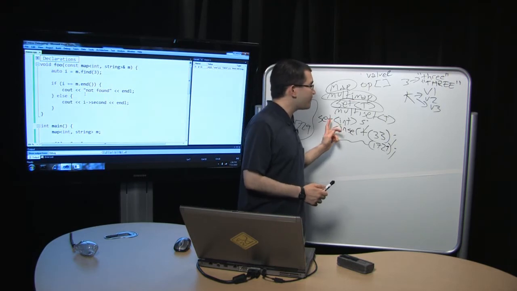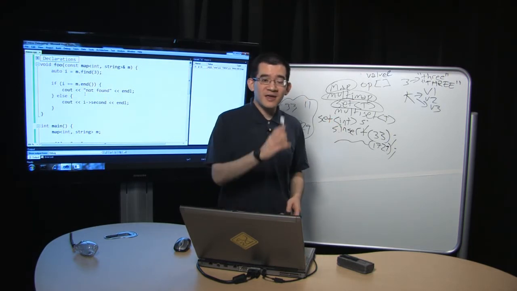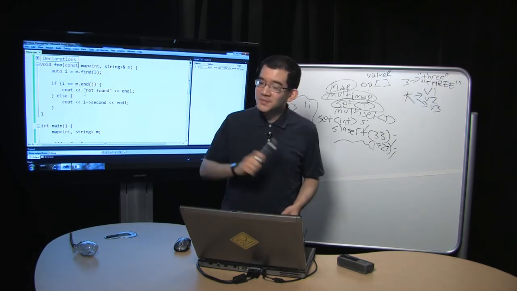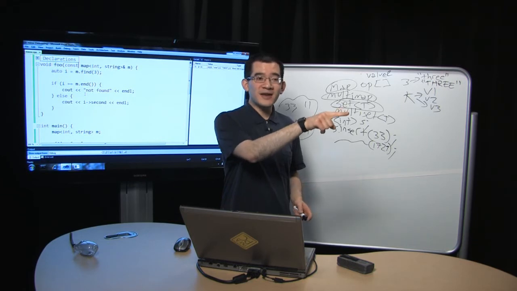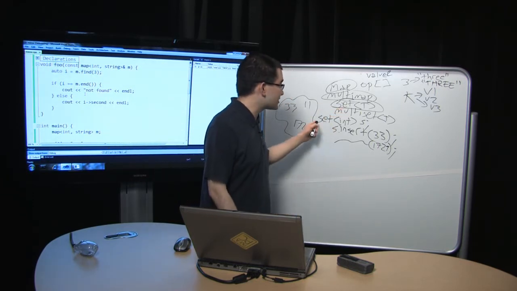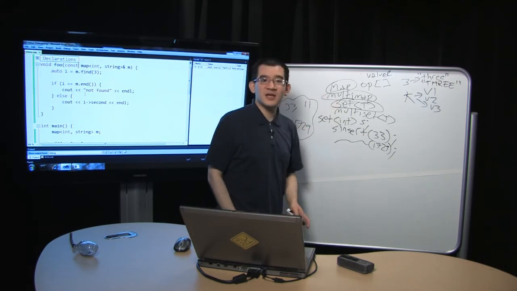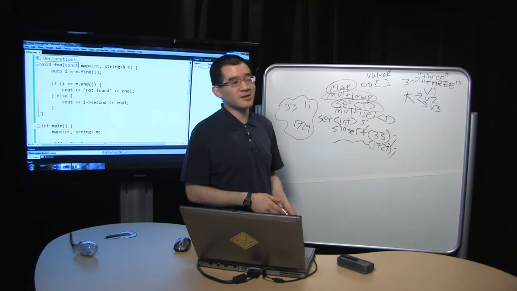But remember that vector find, because vector is a sequence container, is going to be linear time. If the element that you're looking for happens to be at the end of the vector, doing a find on a vector will not find it until it's looked at every element. So in the worst case, it could be linear time. Whereas set and all the other associative containers are going to guarantee log time lookup. That's extremely useful, much faster than linear time.